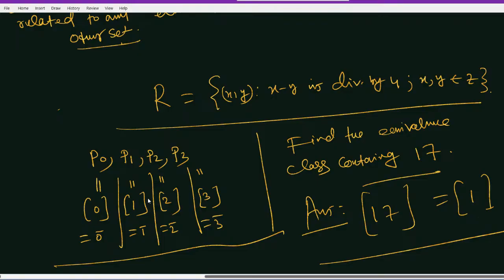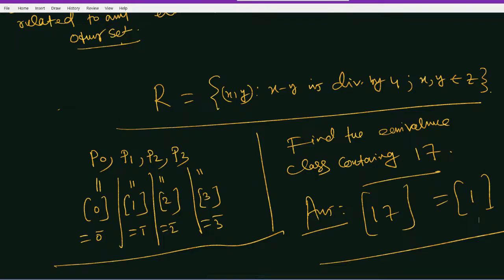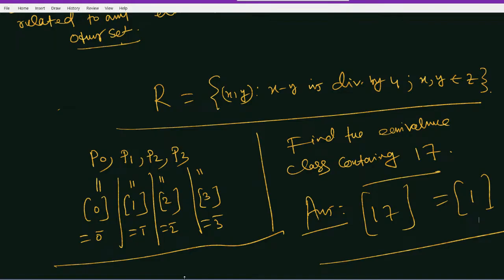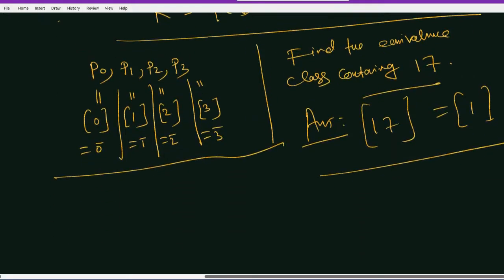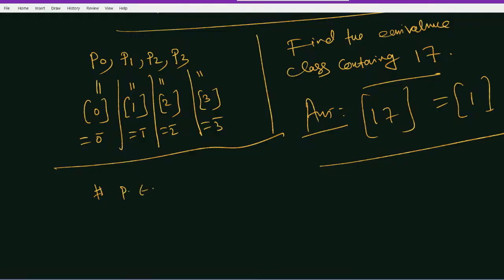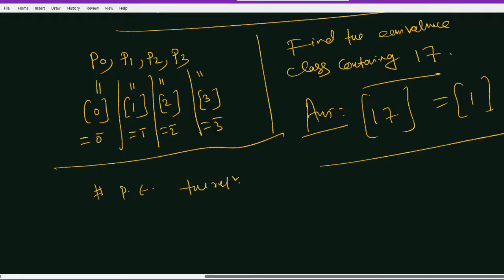Now, on equivalence class, a question may arise this manner. That came in a board exam. I am going to discuss it with you. Just a minute. This I hope you have understood. This question came in the board exam. I am writing the sum. Prove that the relation R on N cross N, complication starts.